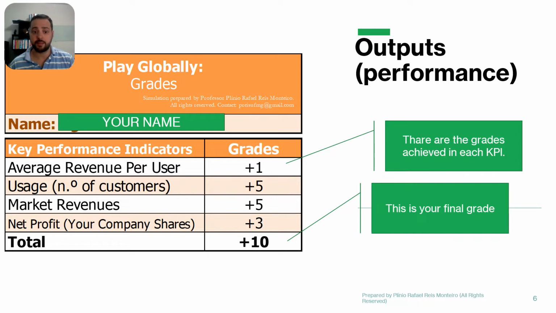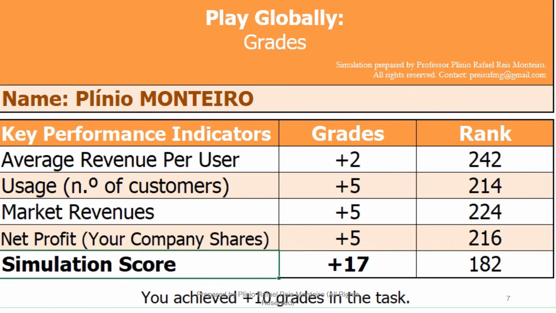Then move to the tab Grades to see the grades that you achieved. Here in the tab Grades, you'll see how many grades you achieved in each of the key performance indicators of the simulation. According to the explanation I gave before on how to measure your performance, and there is a video on that, given my average revenue per user, I'm achieving level 2.